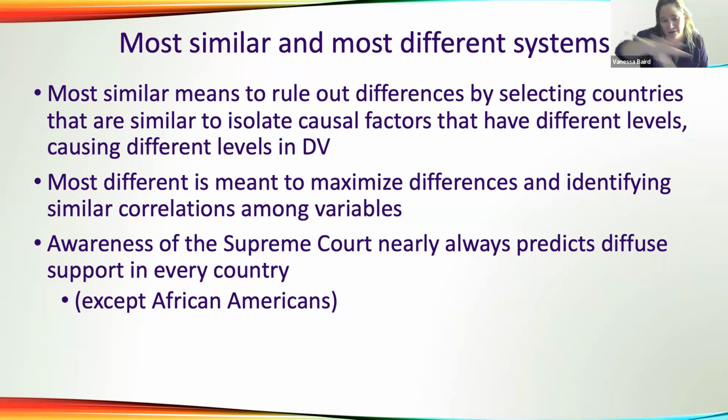But we tried to maximize the difference in all of this data, thinking that Poland in 1991 is pretty different from Spain in 1991, which is pretty different from the US, which is not really that different from Canada, but they're all different from one another.